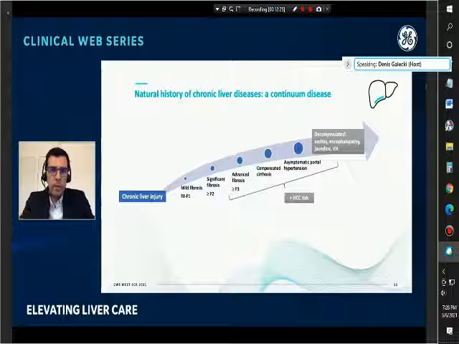You can notice that except if patients develop HCC or decompensated cirrhosis, they will remain asymptomatic for a very long time.